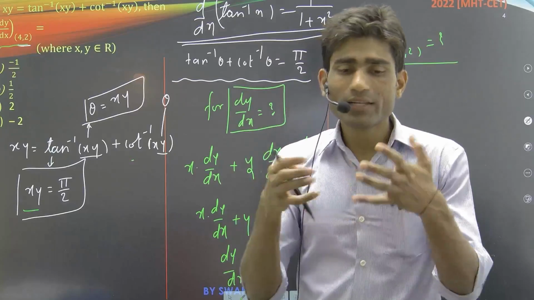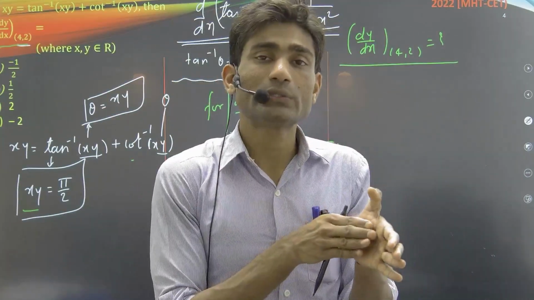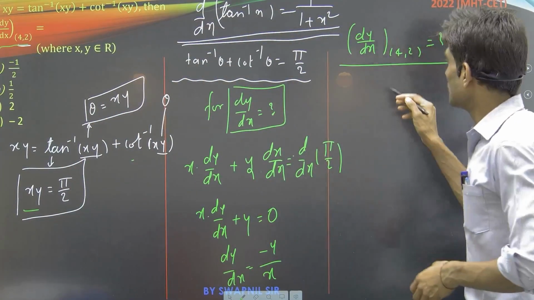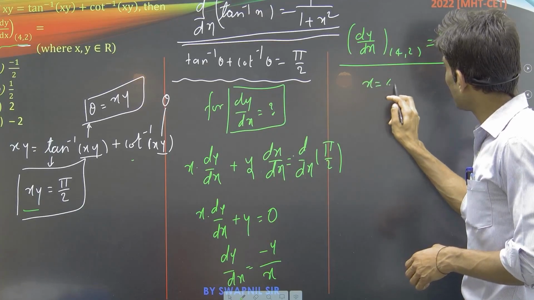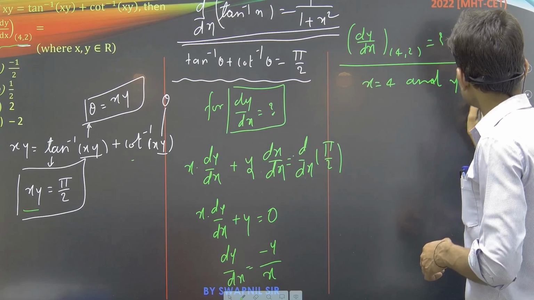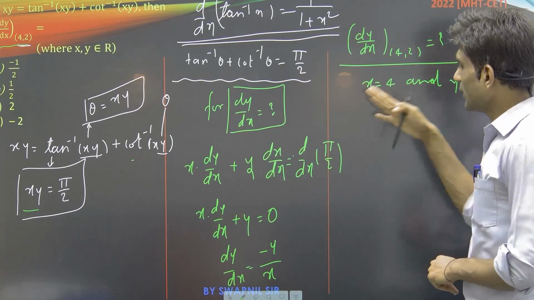When we get an ordered pair in mathematics, always remember the first element goes to x and the second element goes to y. So x is equal to 4 and y is equal to 2, which we need to replace in dy by dx.